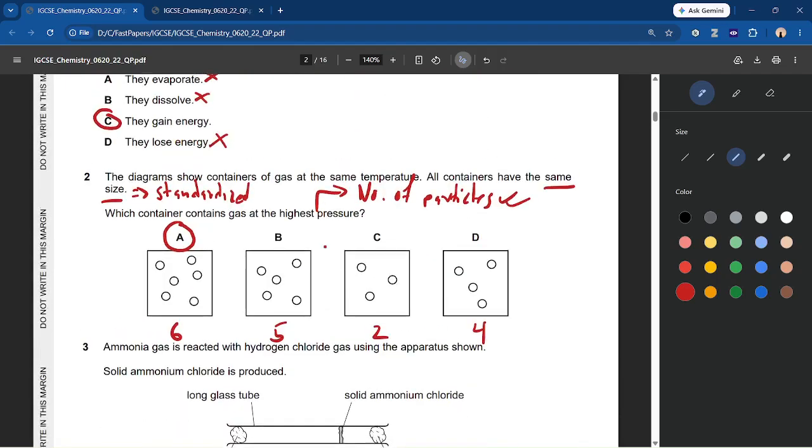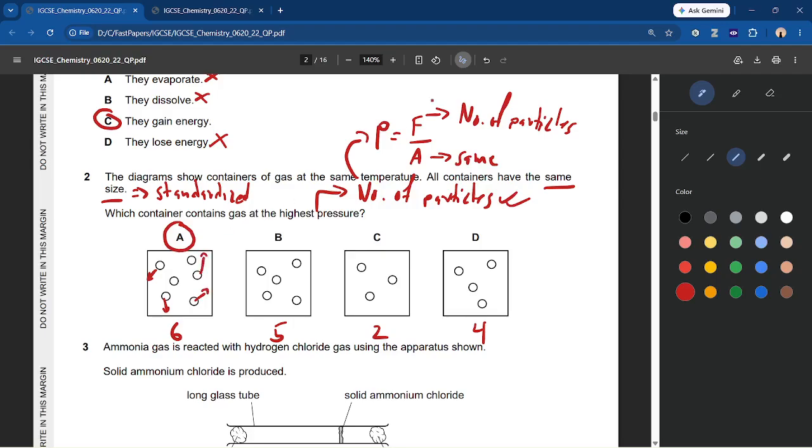It's interesting. The reason we're looking at the number of particles is because pressure, and this is a bit of a physics part, is equal to force by area. So if your area is the same, it depends on force, and the force is dependent on the number of particles. The more particles you have, the more force, meaning these particles colliding with the walls of the container.